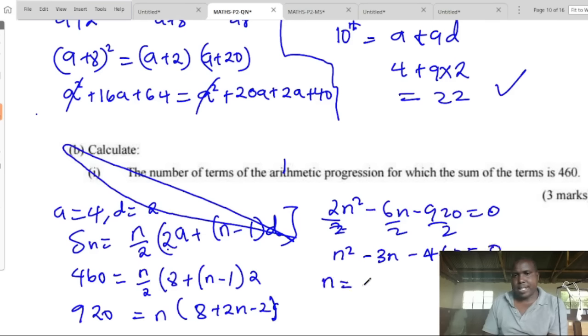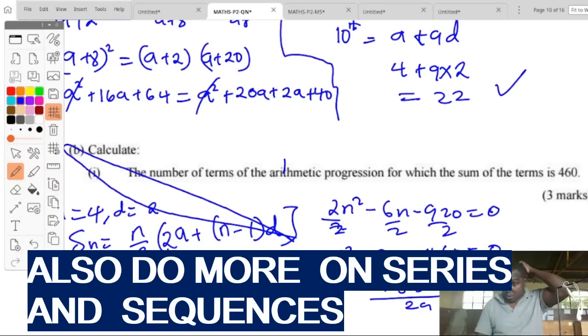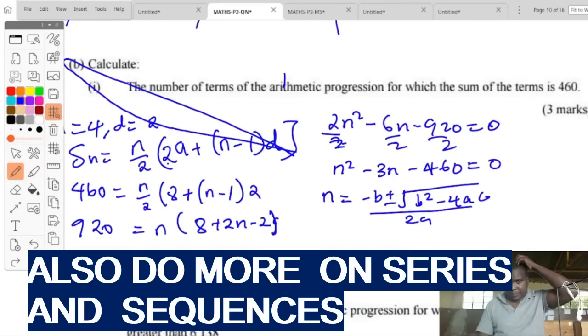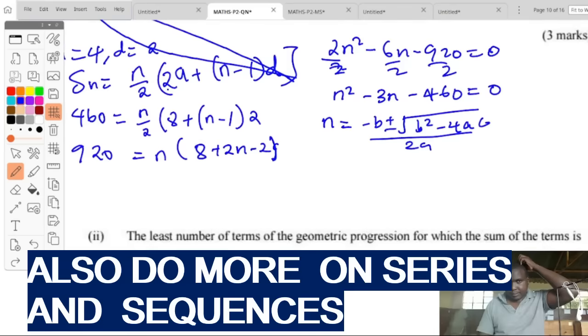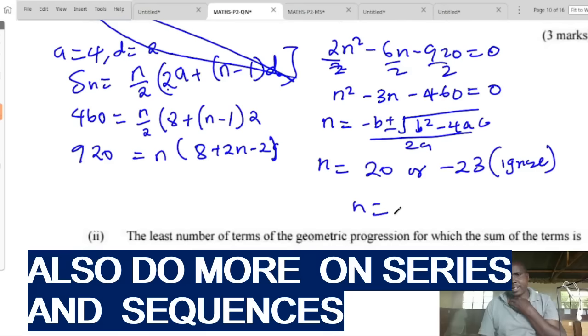Now n is equal to minus b plus or minus square root of b squared minus 4ac, divided by 2a. That is what you need to solve that. It means that n is equal to 20 or negative 23. You ignore the negative because n cannot be negative, so n is equal to 20.